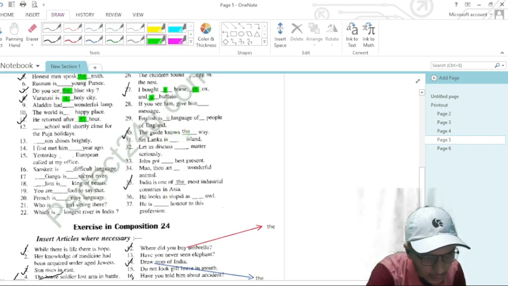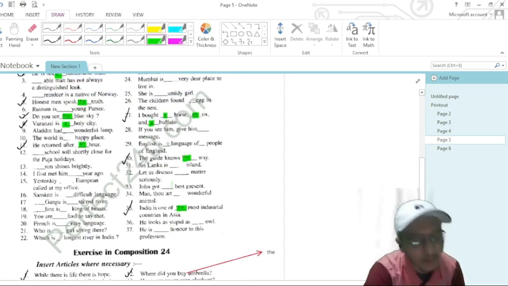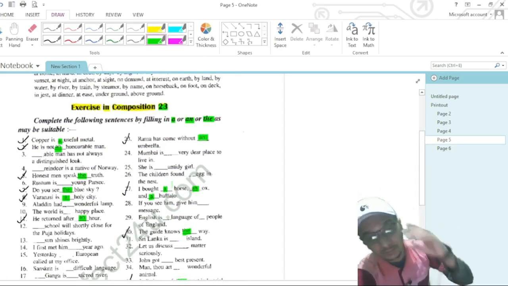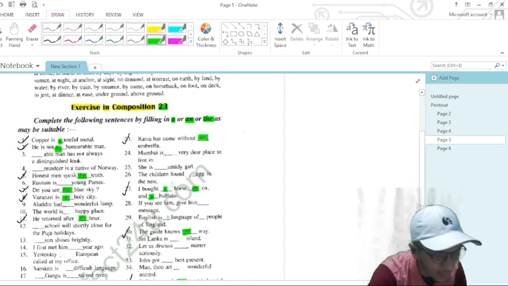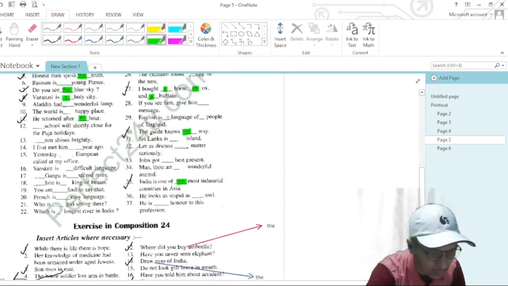The guide knows the way. India is one of the most industrial countries in Asia. So we have completed exercise number 23, and I have done 10 to 12 questions from this exercise.